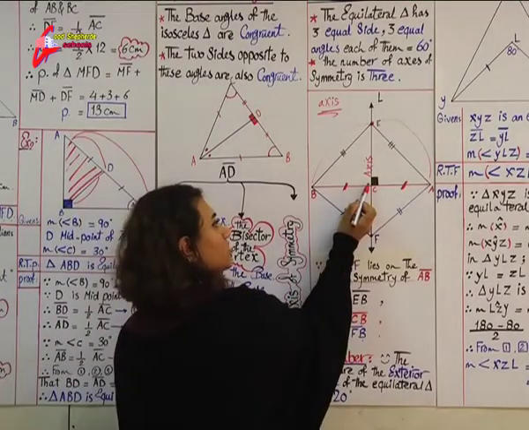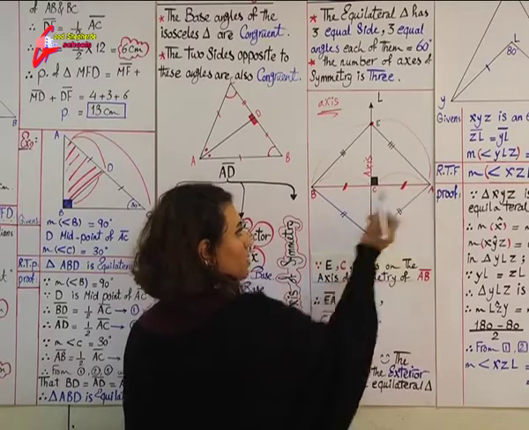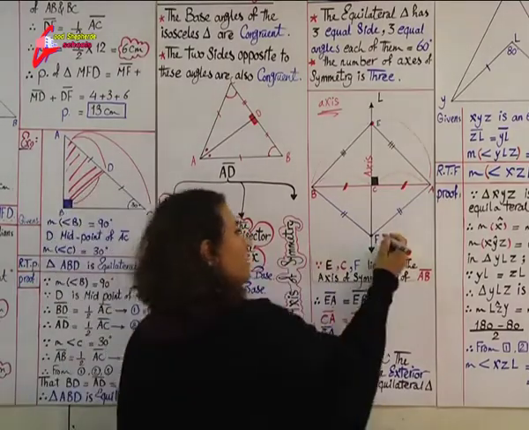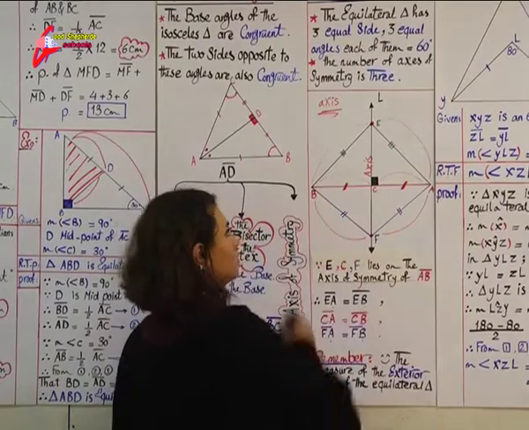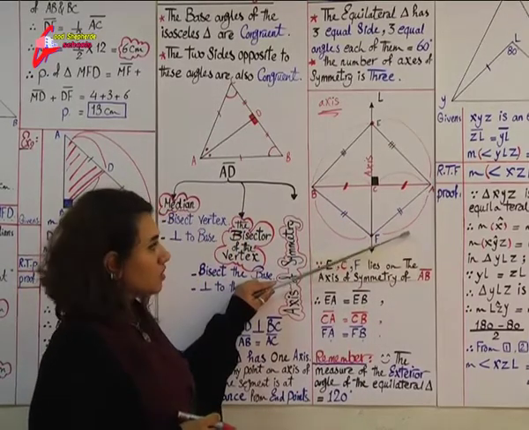Here also from C to B, from C to A, equal distance. From F to A, from F to B, also equal distance.